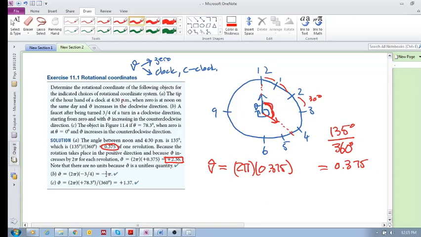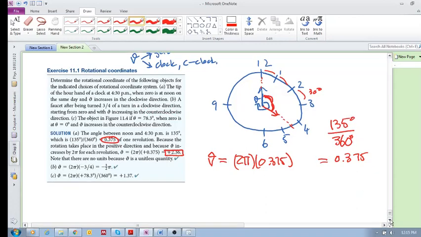Okay, so now what about B? B says a faucet, which is a tap, after being turned 3/4 of a turn in the clockwise direction, starting from 0, and with the rotational coordinate increasing in the counterclockwise direction.